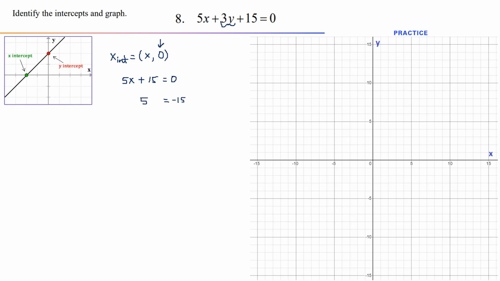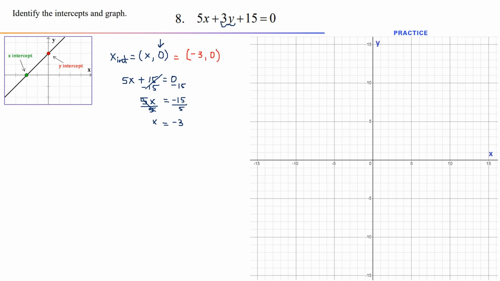We have 5x equal negative 15. Now we have x equal negative 3, by dividing both sides by 5. Okay, we have 1 point, negative 3 comma 0.